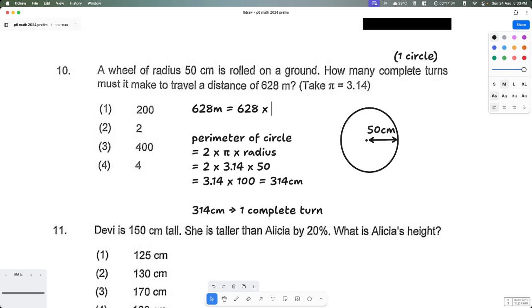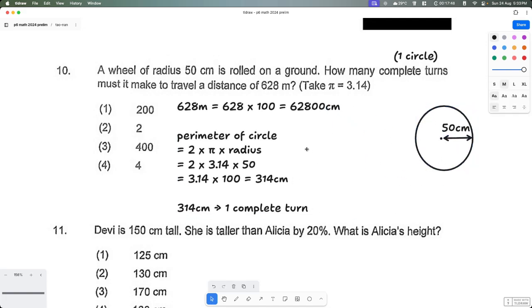628 meters times 100 is 62,800 centimeters. So 62,800 divided by 314 is equal to basically 200, in this case.